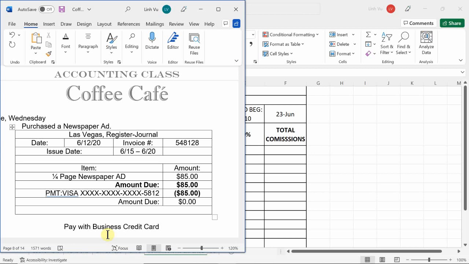What we're requesting is a 1/4 page newspaper ad, and that's going to cost $85. And guess what? We decided to pay with our business credit card.